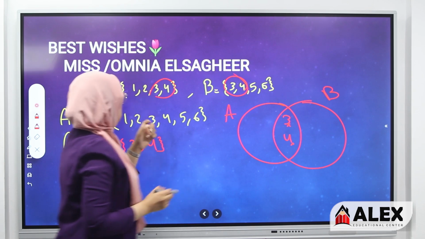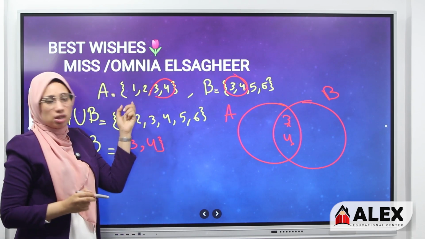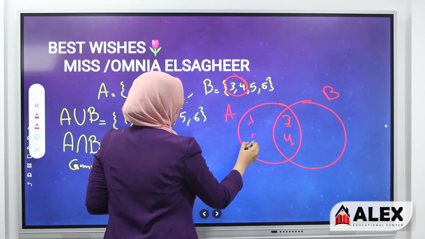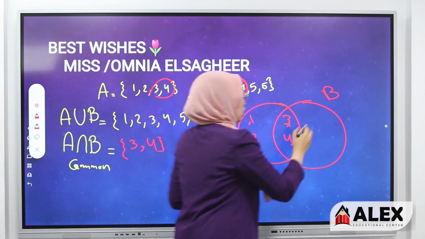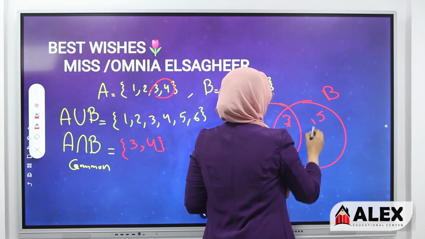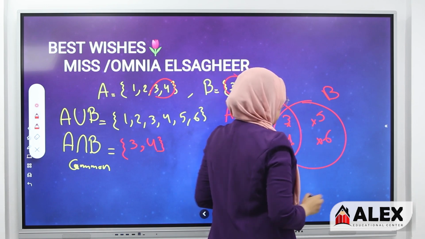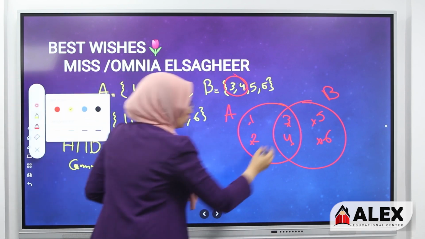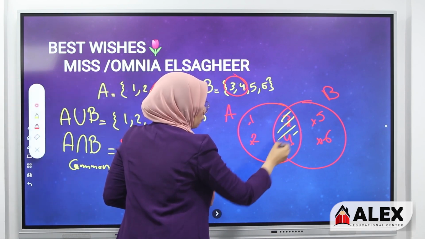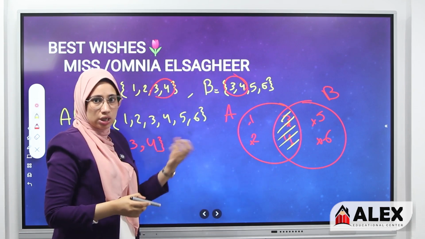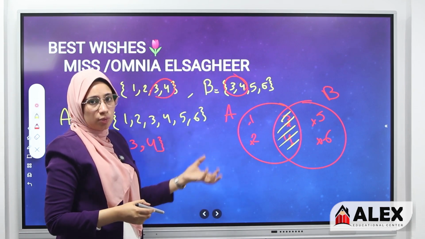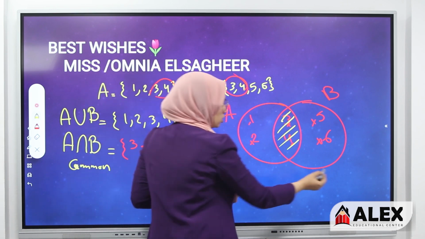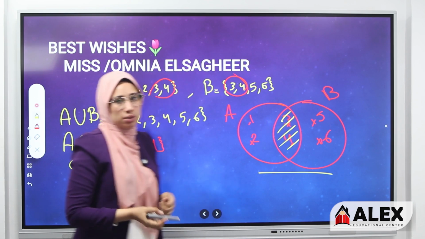Then the other elements in A are 1 and 2. The other elements of B are 5 and what? And 6. Here is the intersection, A intersection B, or the common elements between A and B. But the union is all the elements in A and B.